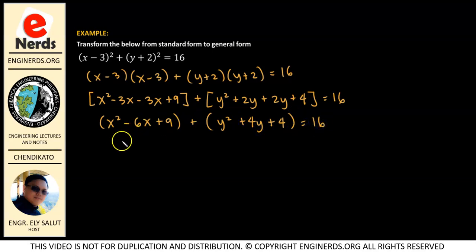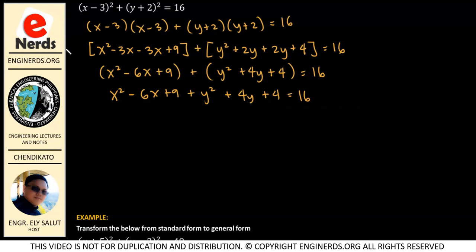Well, of course, we can write this as x squared minus 6x plus 9 plus y squared plus 4y plus 4, which is equal to 16. Okay, so, ano yung itsura uli ng ating general form, no?